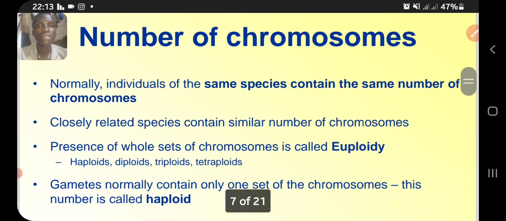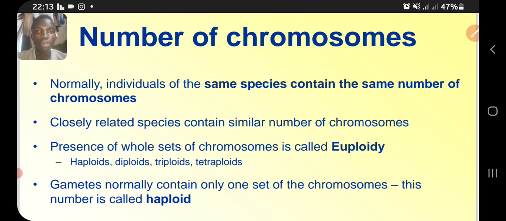So, the number of chromosomes: normally, individuals of the same species contain the same number of chromosomes. Closely related species contain a similar number of chromosomes. The presence of the whole set of chromosomes is called euploidy. That is, we have the haploids, the diploids, the triploids, the tetraploids.